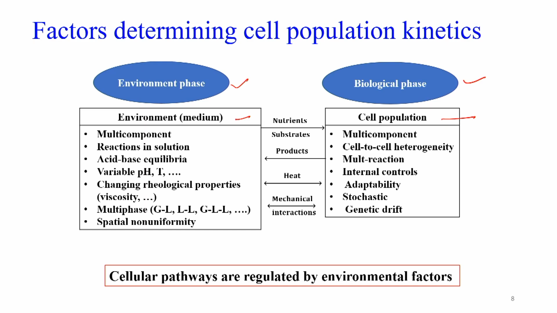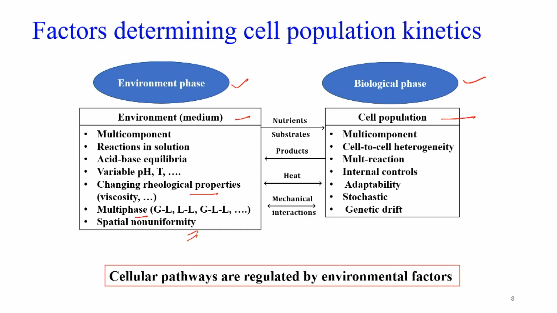The environment is still considered a multi-component system. The reactions are taking place in the environment. The acid base equilibria keep shifting. There is variation in pH and temperature, change in rheological properties like viscosity, and it is a multi-phase system. It is a gas, liquid, liquid or even gas, liquid system. Further, we will see there is spatial non-uniformity in the environmental conditions or the growth media.